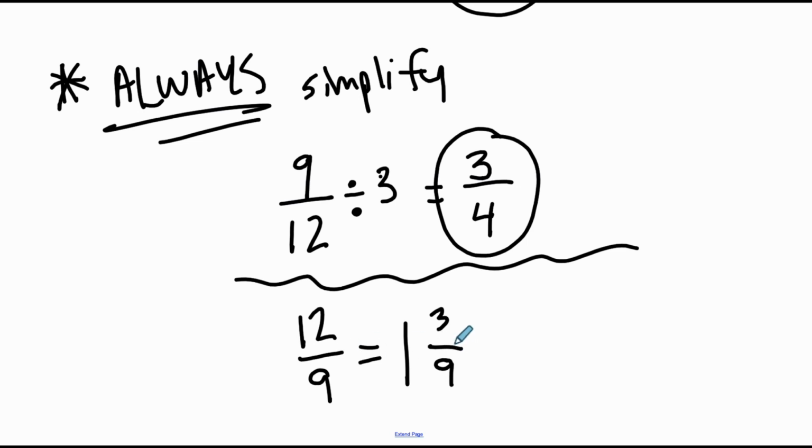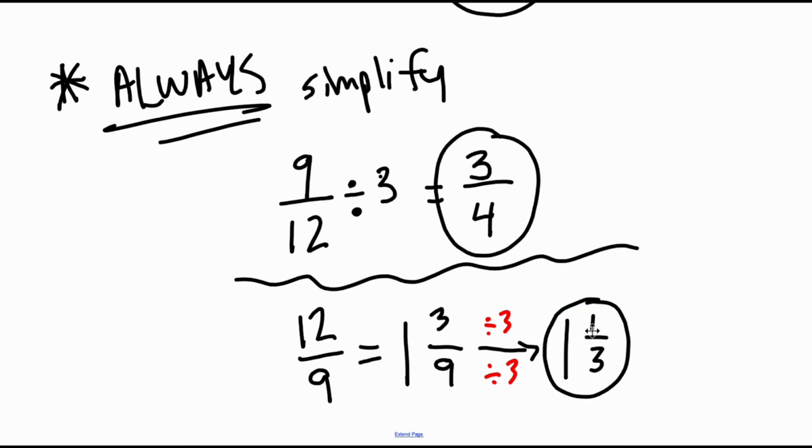These two things mean the same thing. We're just on our way to simplifying it. And we can simplify a bit further because 3 and 9 can both be divided by 3. Both of those numbers share a common factor of 3. So this can be reduced to 1 and 1/3, and that would be your best possible answer.